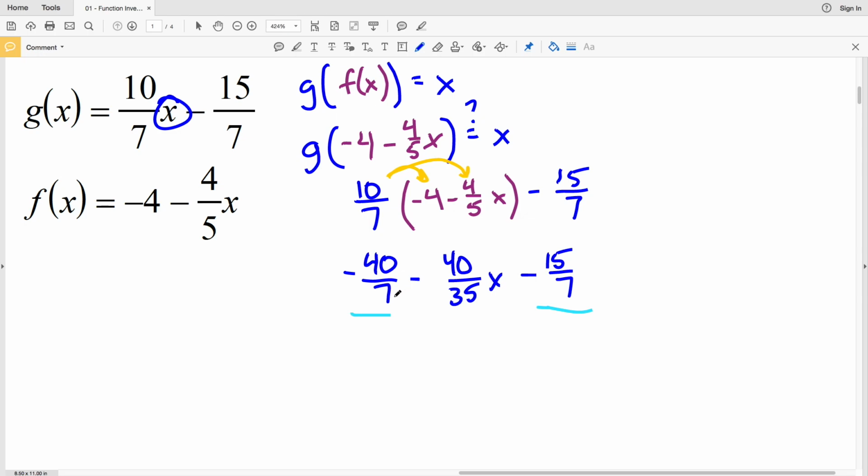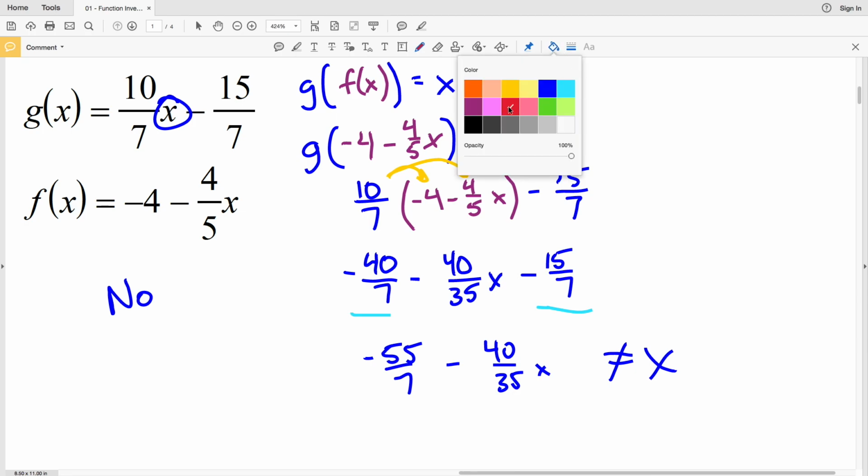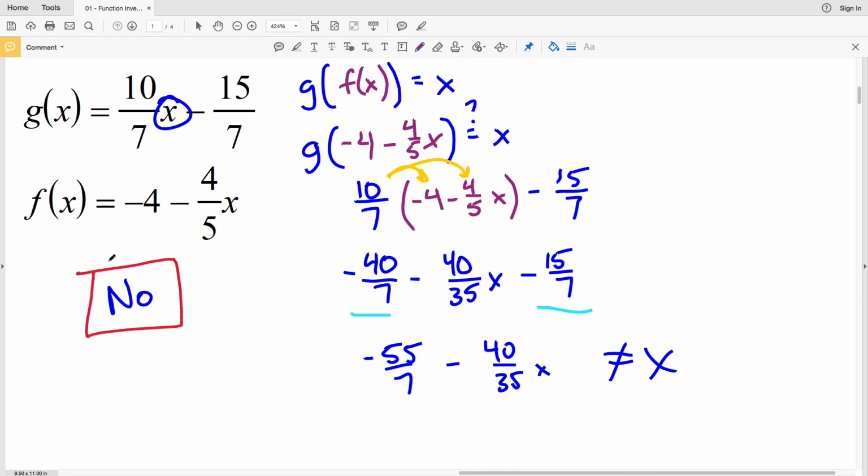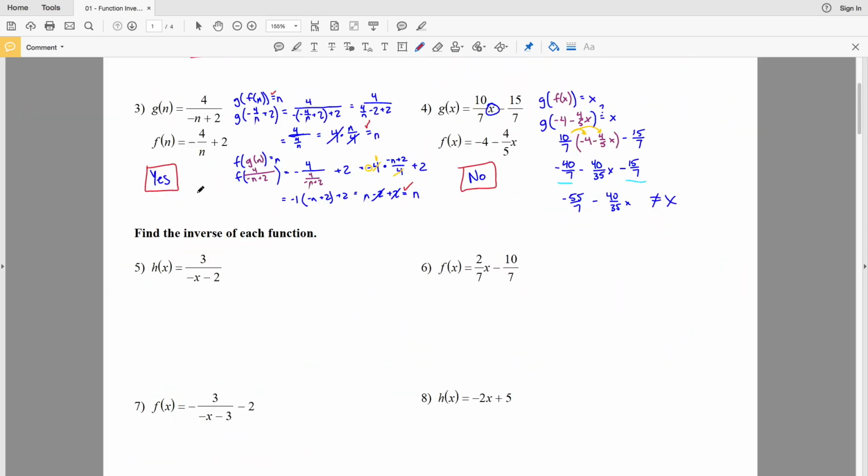So negative 40/7 minus 15/7 is going to be negative 55/7. And I'm still subtracting 40/35x. However, this does not simplify any further and does not equal x. Therefore, no, my functions are not inverses of each other, because I already proved it wrong going one way.